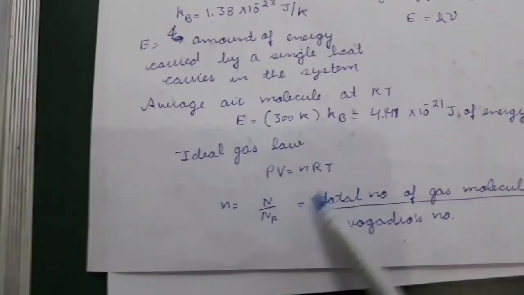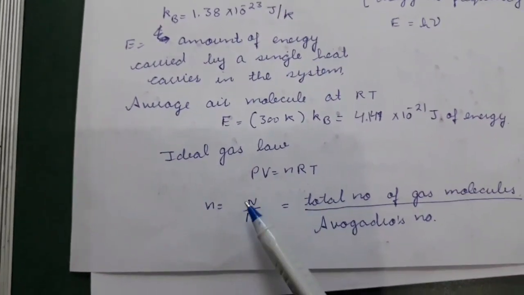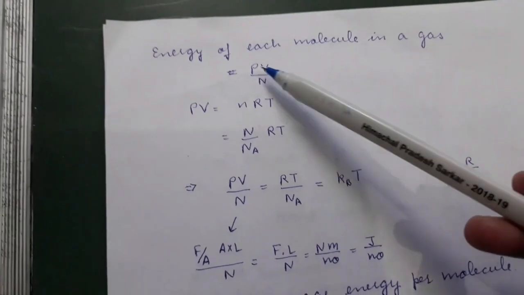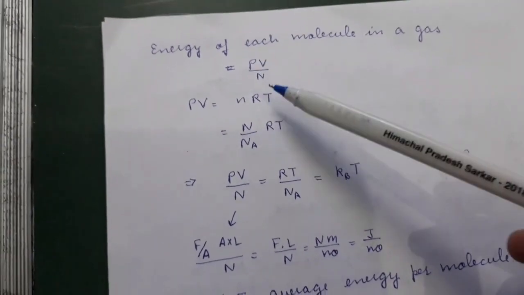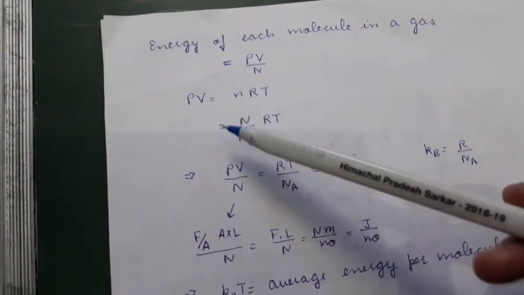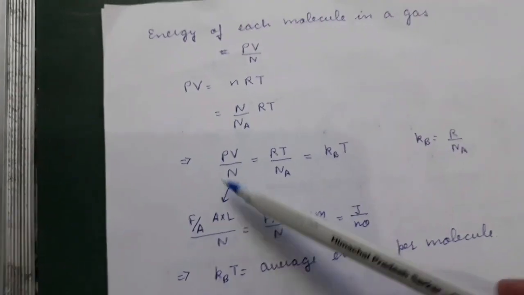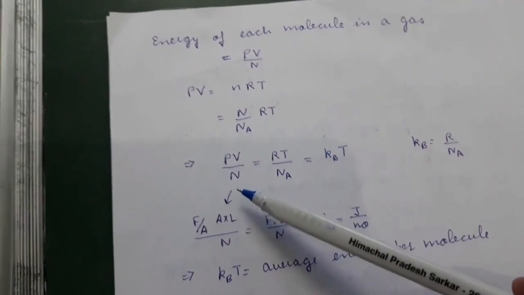So we know that in the ideal gas law, PV is equal to nRT, where n is given by the total number of gas molecules N divided by Avogadro's number. So the energy of each molecule in a gas will be given by PV upon N. Let's rearrange this equation, putting N upon Na here and finding PV upon N. N is the total number of gas molecules.